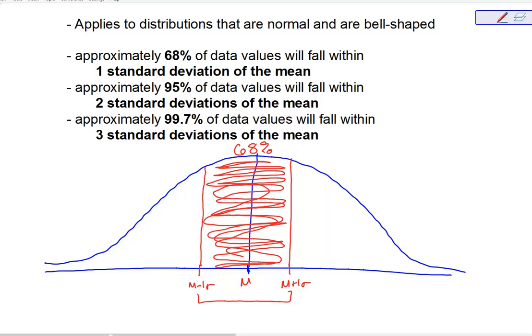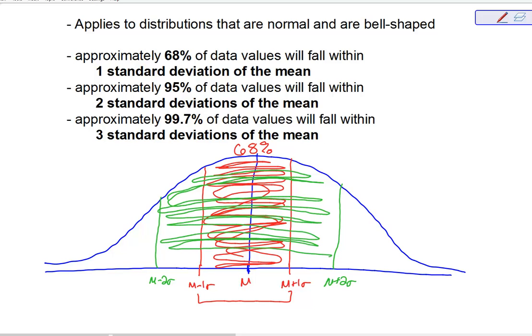Now if I move out further and go out 2 standard deviations, so I've got the mean, let me try this again. So I'm doing the mean plus 2 standard deviations and the mean minus 2 standard deviations, and I shade everything in between.